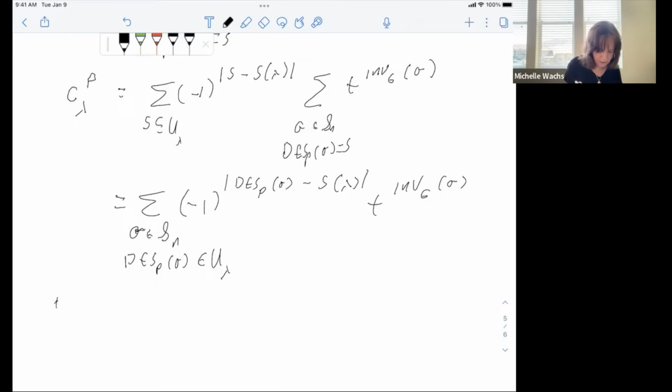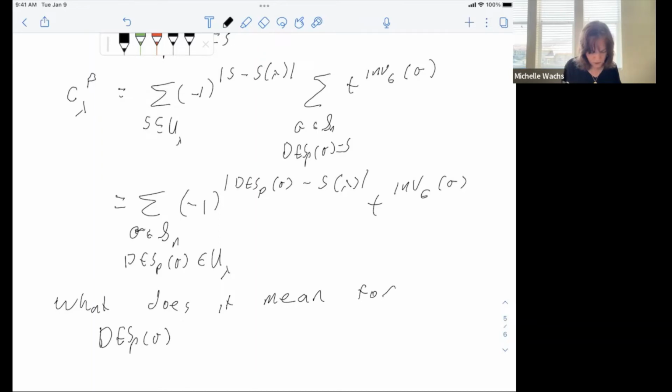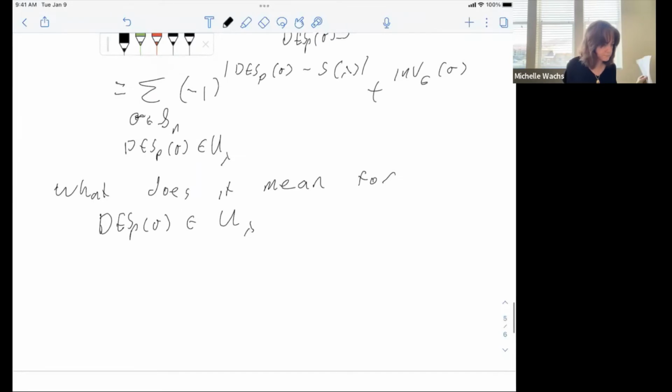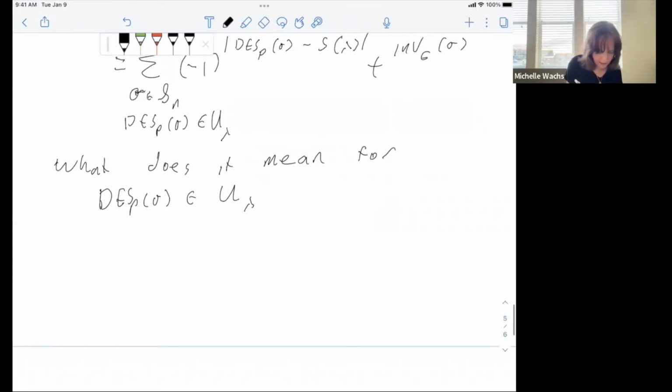Okay, so what does it mean for the descent set of the permutation to be lambda unimodal? Well, it just means that if we write down that set of numbers 1 through n, each segment will have an initial segment, there'll be a descent, a P descent.